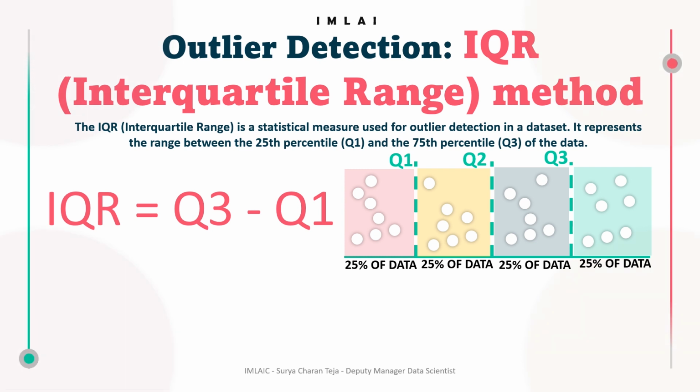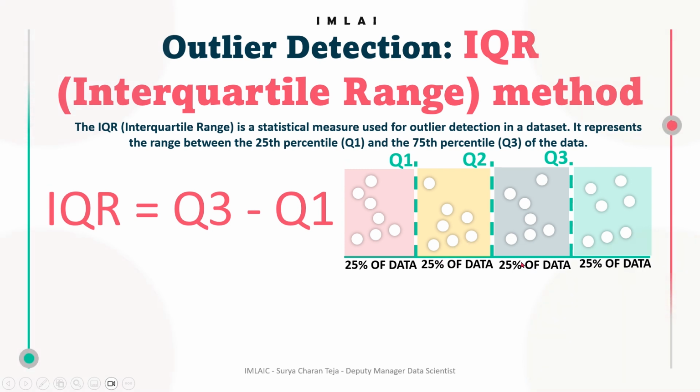If you have 100 data points, then 25% of 100 data points fall below quartile 1, that is 25, and 50% of data falls below quartile 2, that is 50 data points. Then 75% of data falls below quartile 3, that is 75 data points. Okay, that's what quartile 1, quartile 2, and quartile 3 are.